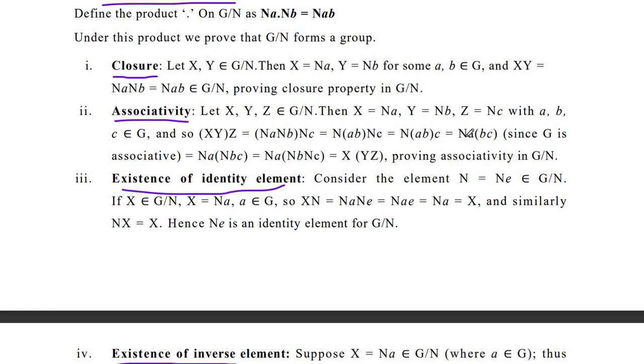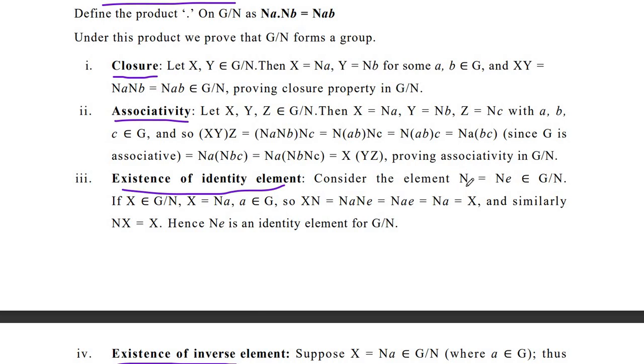Then, these elements being in a group which is associative, we can interchange the brackets, because G is associative. And from here, because N is normal, you have this step, and again because N is normal, you have this step, and this is nothing but X, Y, and Z. So we have associativity to be true also.